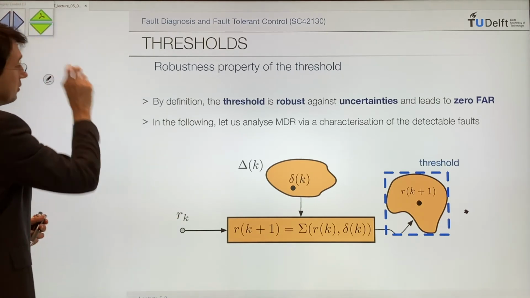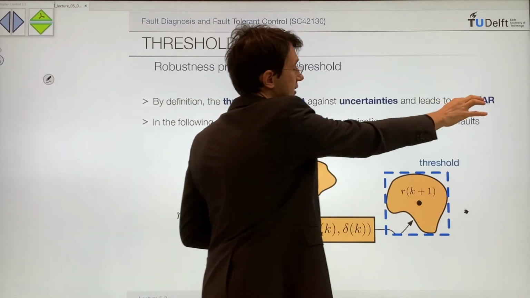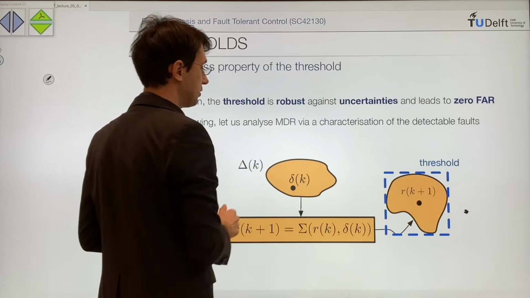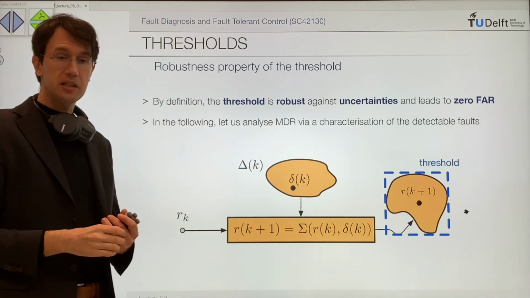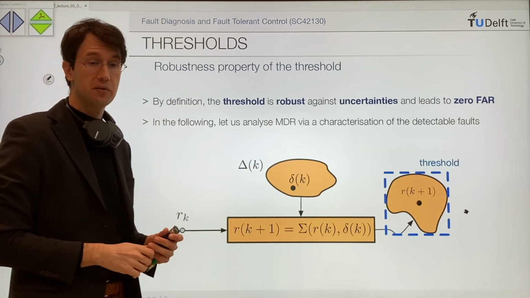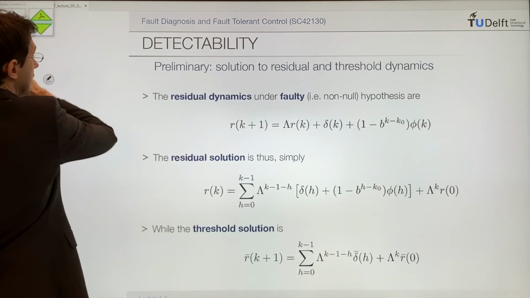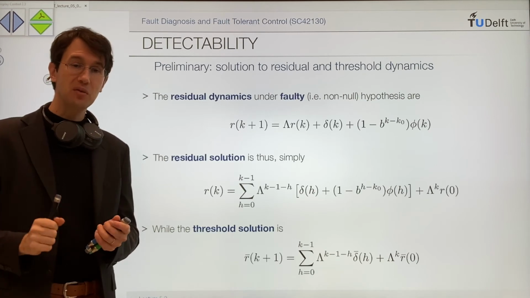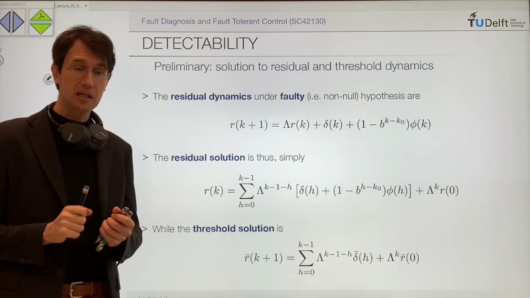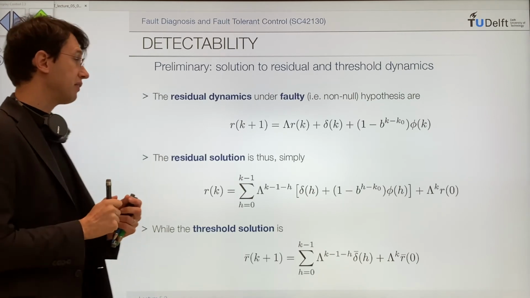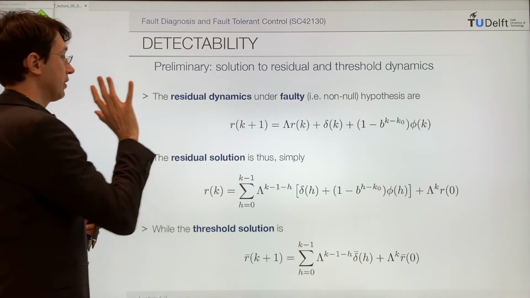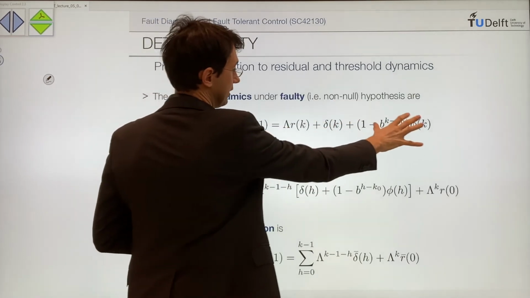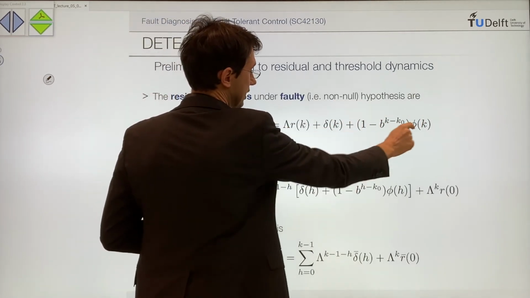But you know that if you get 0 false alarm rate, you are getting a non-zero miss detection rate. So now the question is, which kind of detection rate are we getting? To do that, we need to compute again the residual dynamics, but this time assuming that we have a fault. So under a fault, the residual dynamics are different because now we have an additional term, the term representing the fault.